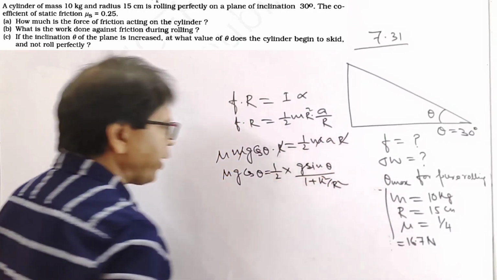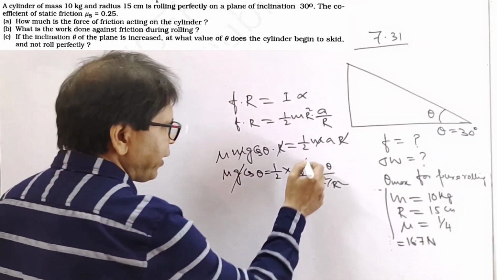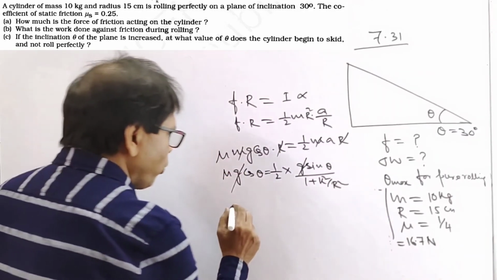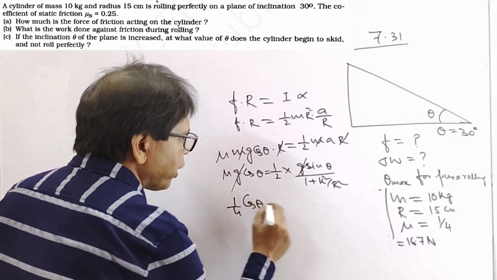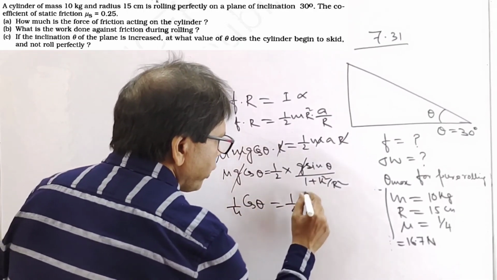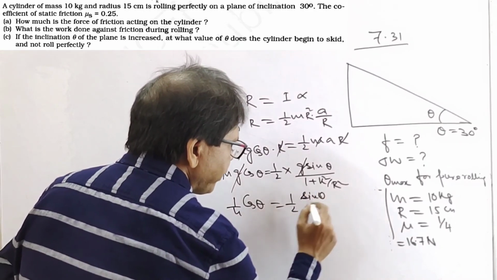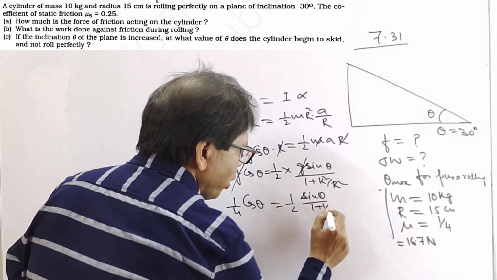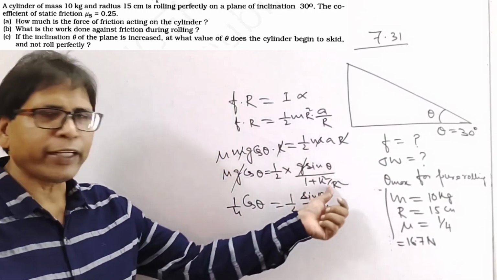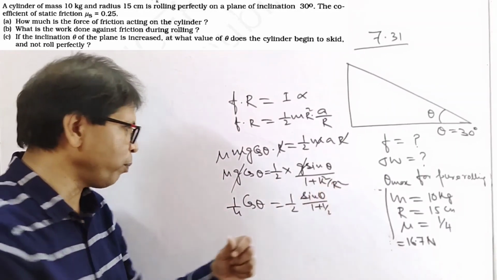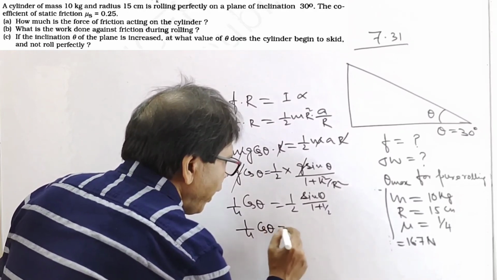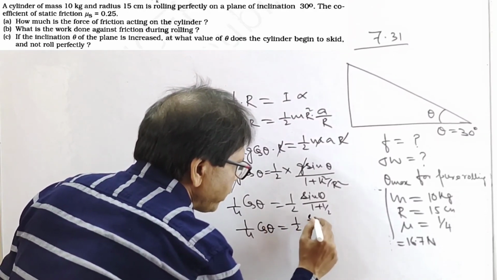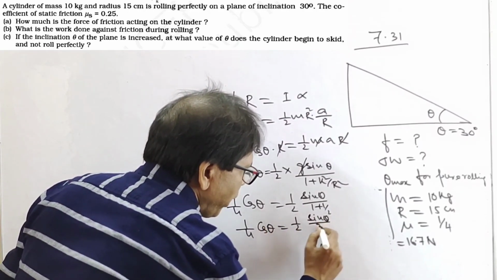Okay, now look at this. Here g and g cancel out. Okay, now here mu equal to 1 by 4, this is cos theta equal to half into sin theta, and look at this, this is 1 plus half. Okay, for cylinder k square by r square equal to half. So look at this, this is 1 by 4 cos theta, and this is half into sin theta divided by 3 by 2.